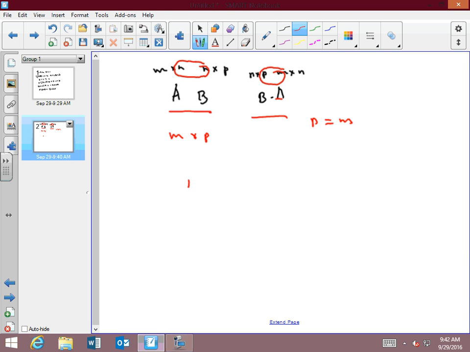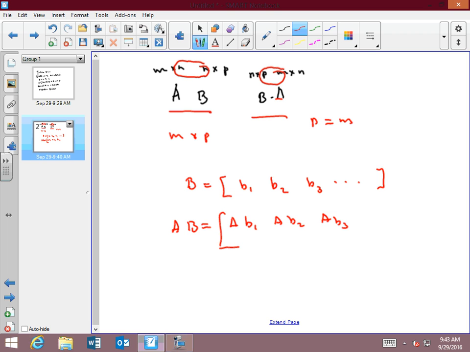If you break that B down into B1, B2, and whatever it is, when you do this A times B, it's the same as doing A B1, A B2, A B3, and so on. So you can do this one.